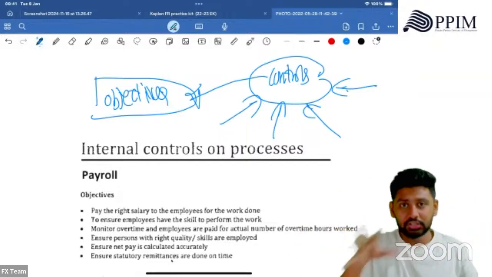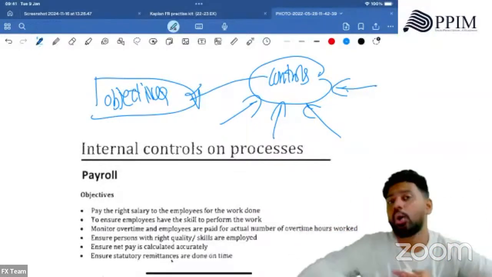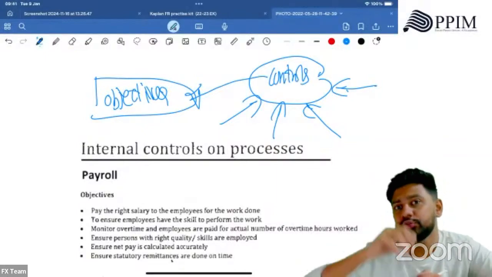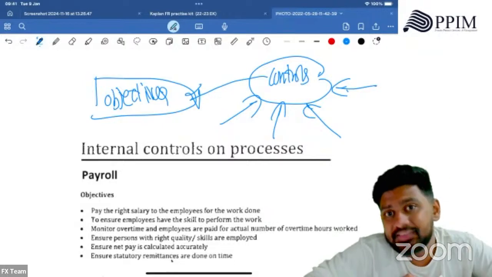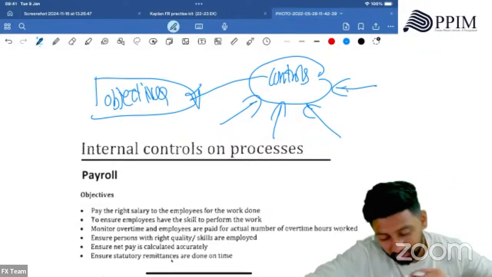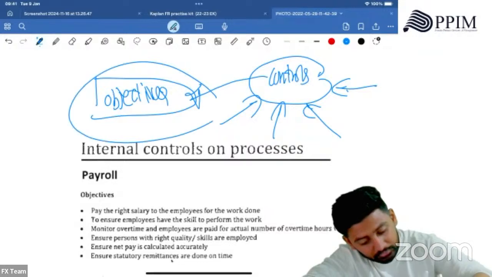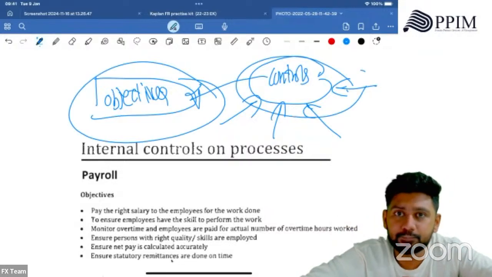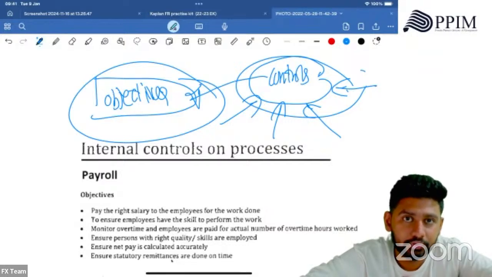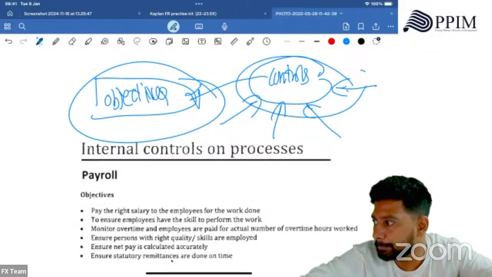The stronger the controls, the higher the probability that the objectives will be met. If the controls are weak, that means there is a big probability that the objectives will not be met. So everything revolves around the controls, how strong your controls are. Are we clear?